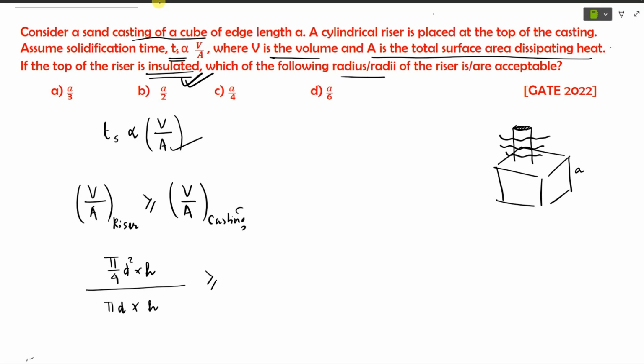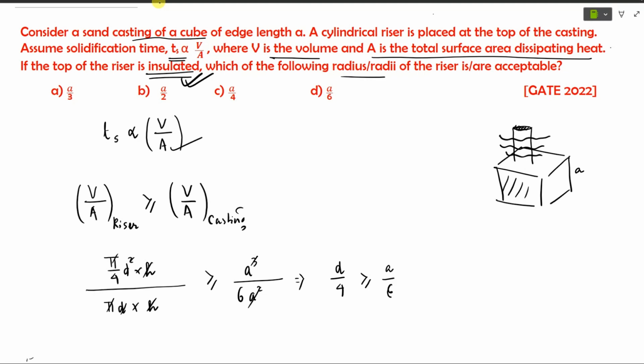It would be a cube because it's cubical in shape, and area would be, see, this particular area is actually a square, it has got 6 surfaces, so it becomes 6a square. So if we simplify it, here h and h will be cancelled, d and d would be cancelled, pi and pi would be cancelled. Here a cube is cancelled to a square, so the remaining would be d by 4 must be greater than equal to a by 6.